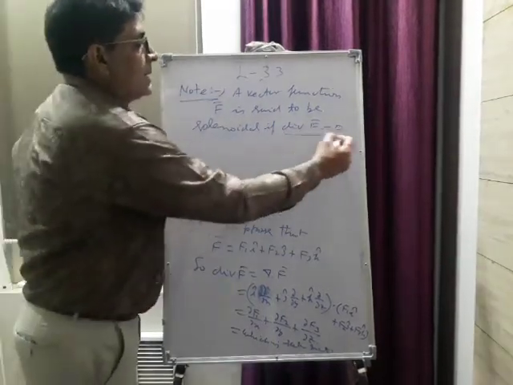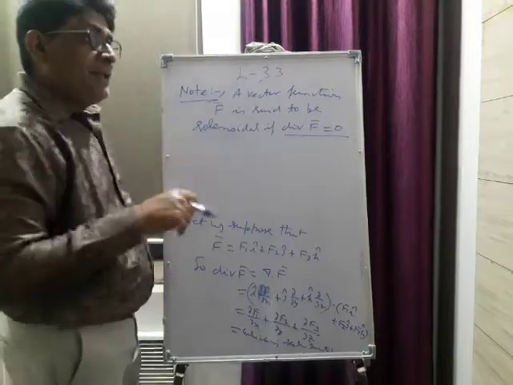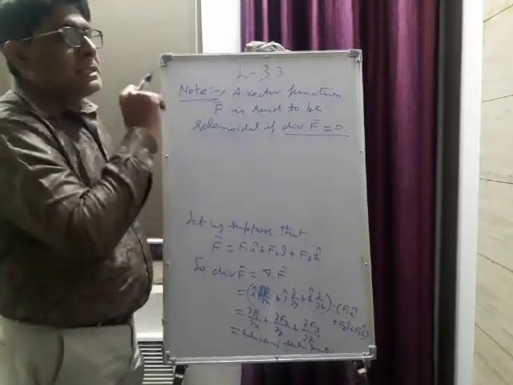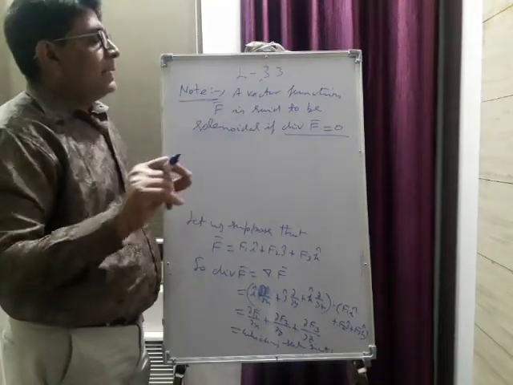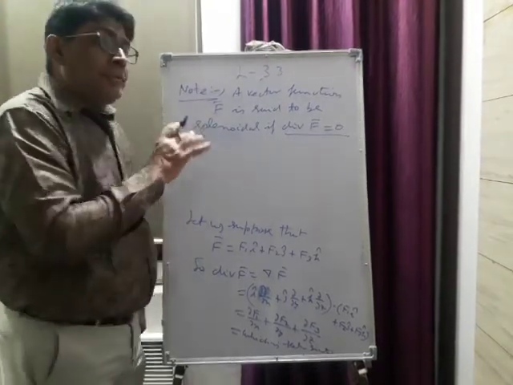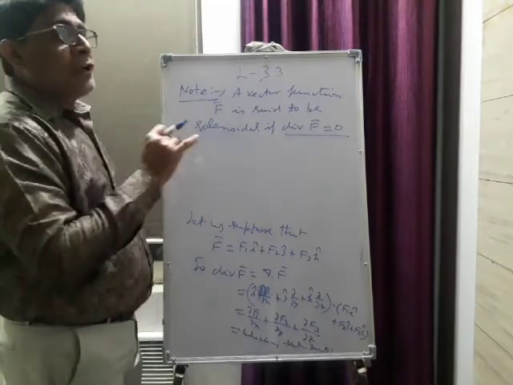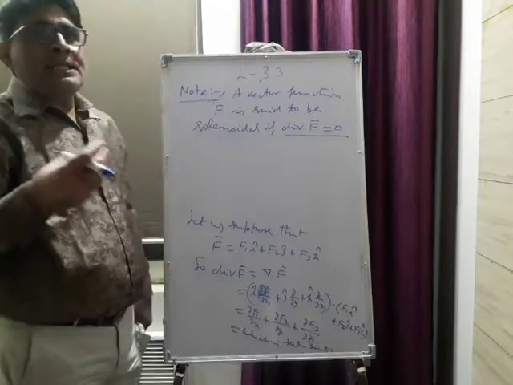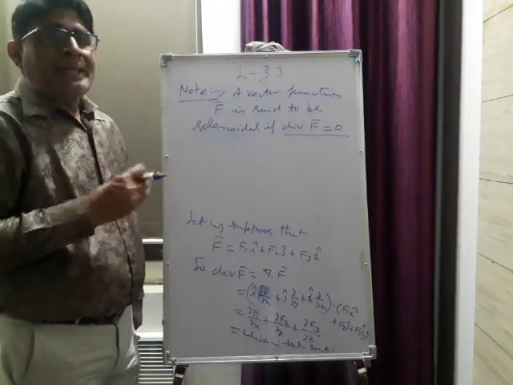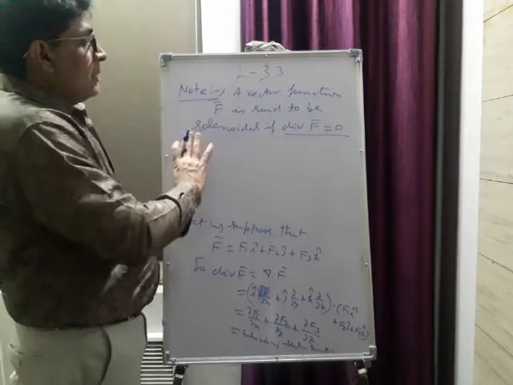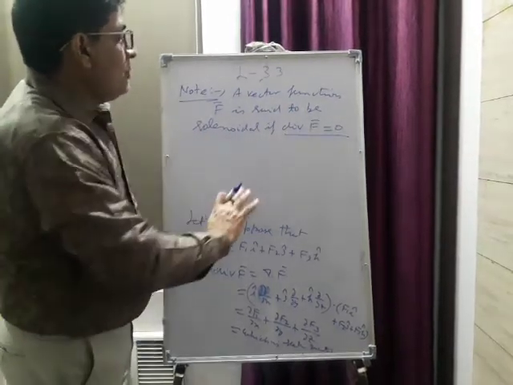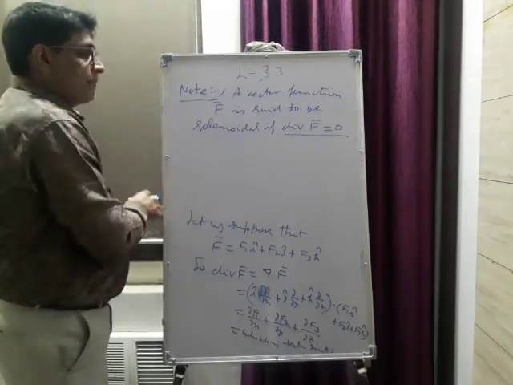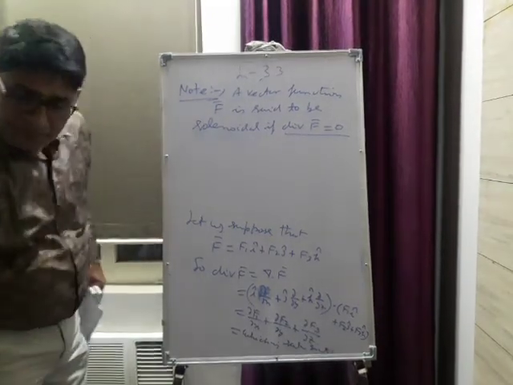This is the condition. If divergence f of any vector f equal to 0, it means there is no compression and no expansion. Because of that, divergence is a rate of expansion per unit volume. Suppose like a fluid, gas. So if divergence f equal to 0, then f is known as the solenoidal vector. So this is the condition.